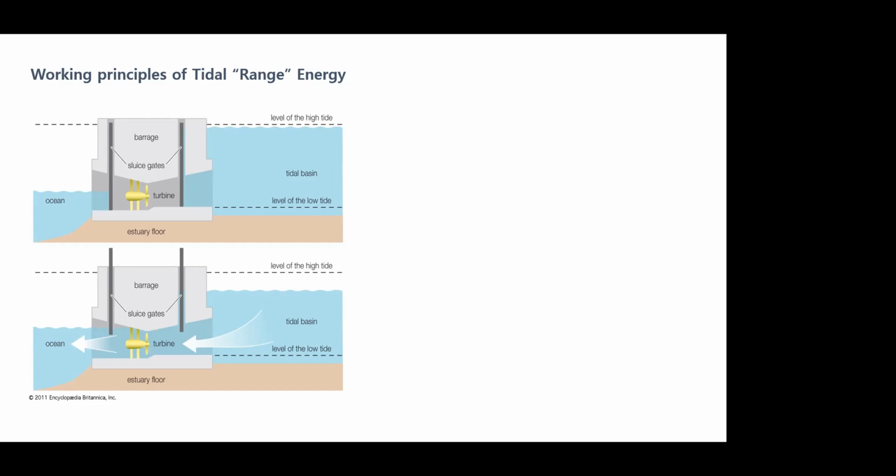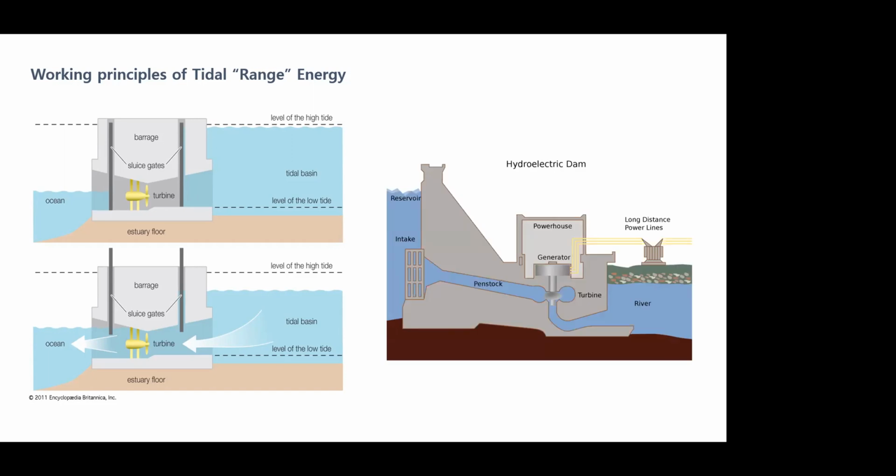Then as the tide recedes, the water is released and the flow is used to turn turbines, producing energy. In other words, it can be considered similar to hydroelectric power generation in terms of its principles.